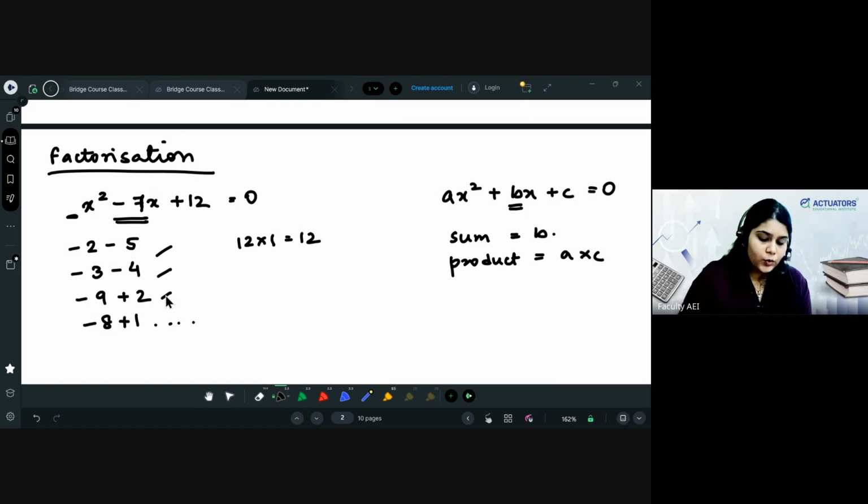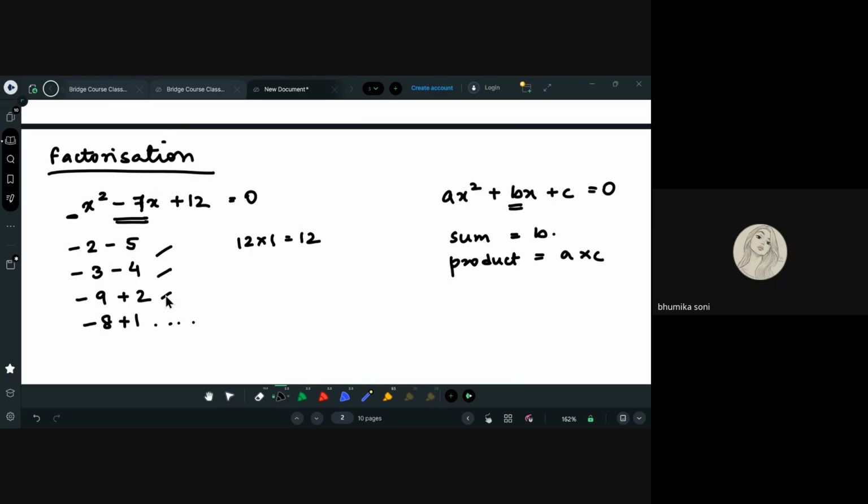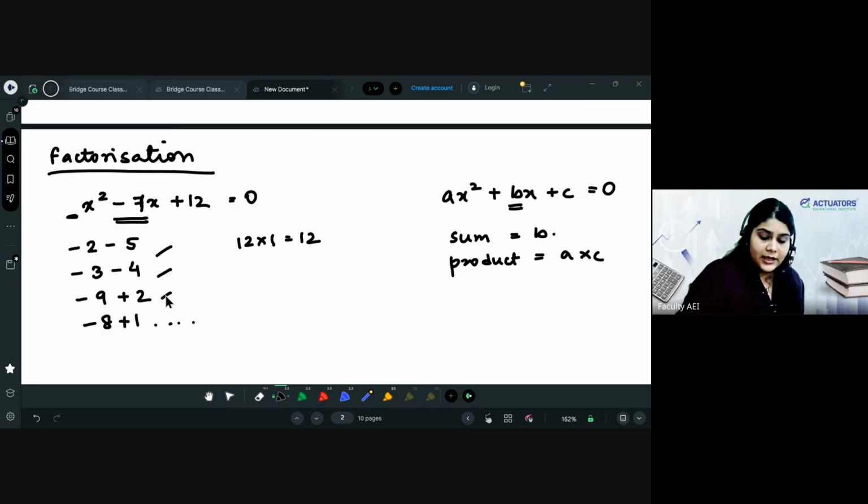Which of these two can multiply and give us 12? 3 and 4. -3 and -4. Again, here also sign matters. This is a +12, so we need the answer also as +12. Suppose let's say there was a case -3 plus 4. That would not fall here, because -3 into +4 would give us -12, but we need a +12. Okay, so we are basically going to go ahead with this one.